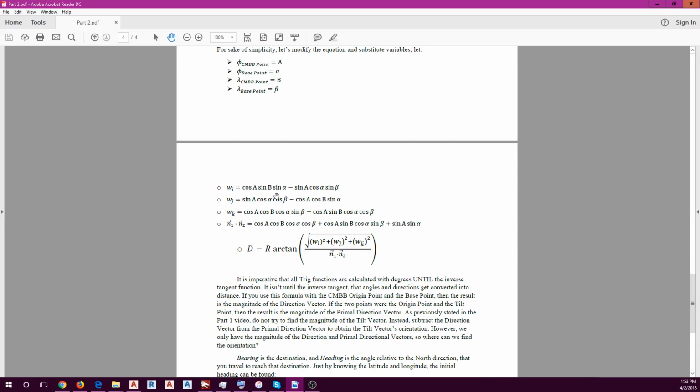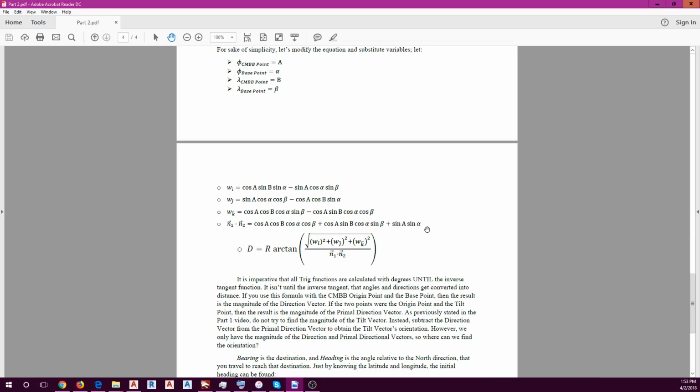And that's precisely what I have here. This you would plug into your calculator to get an answer for the first component of W, the second component of W, and the third component of W. And the cross product is this. I conveniently wrote this out for you so you don't make any mistakes, because this is stuff that's really difficult to keep track of if you're not familiar with vectors yet.